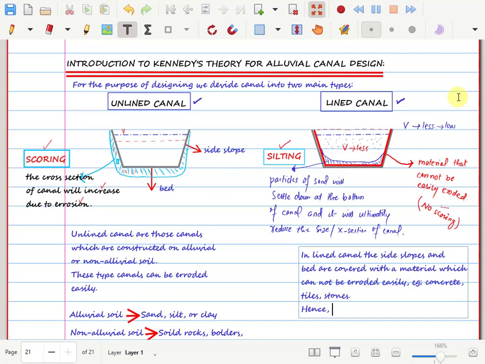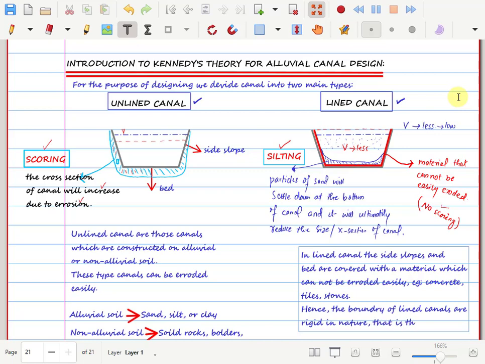Hence the boundary of lined canals will be rigid in nature, right?